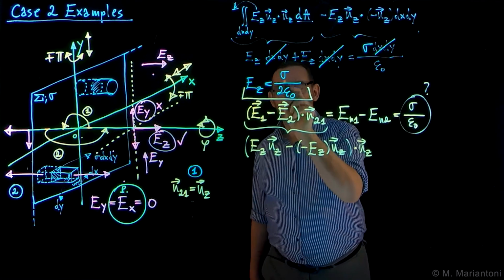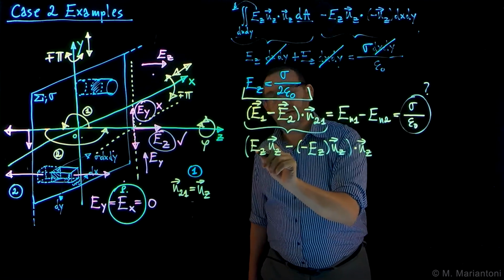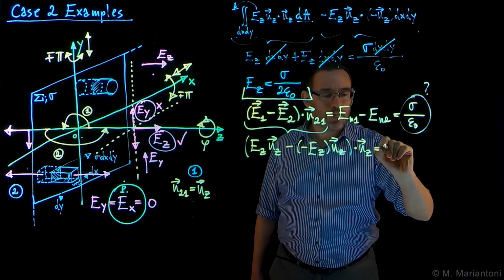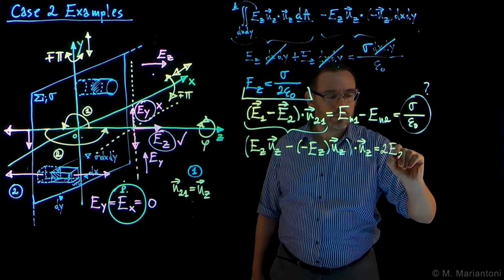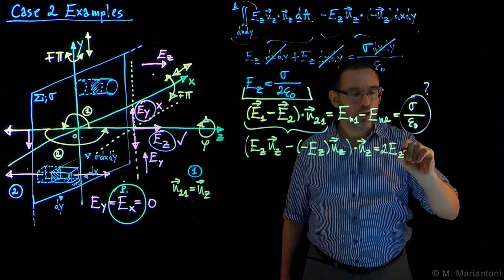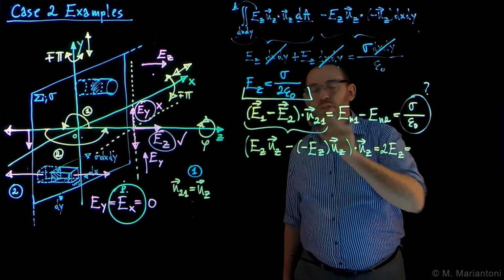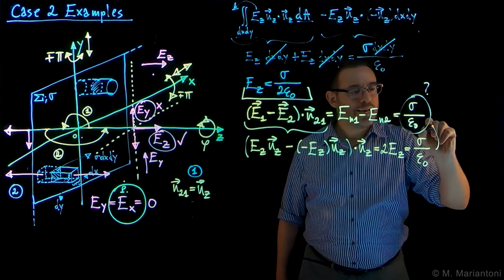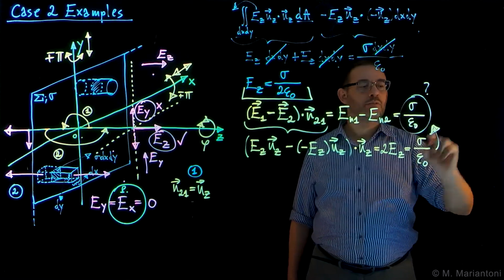Now we can substitute this value, sigma over 2 epsilon naught. So we obtain Ez plus Ez, that is 2 times Ez. uz dot uz, of course, is 1. This is nothing but 2 times this quantity, which is sigma over epsilon naught, which is exactly what we wanted to verify.